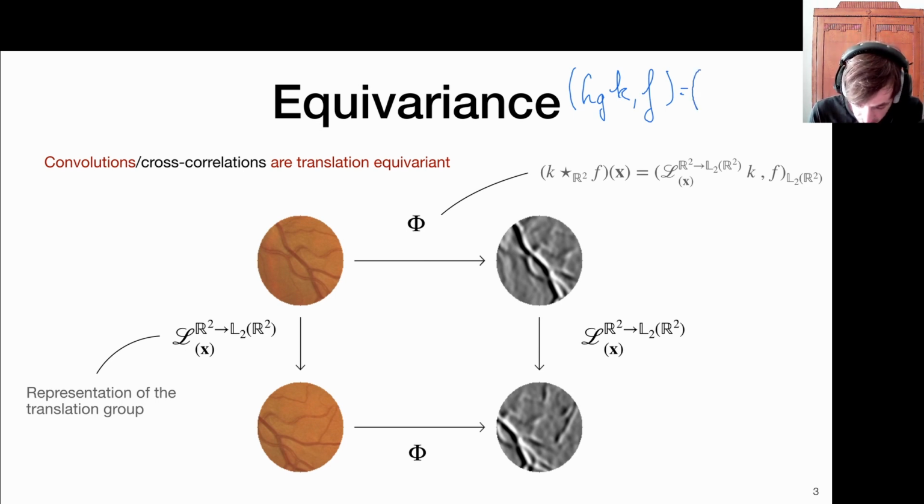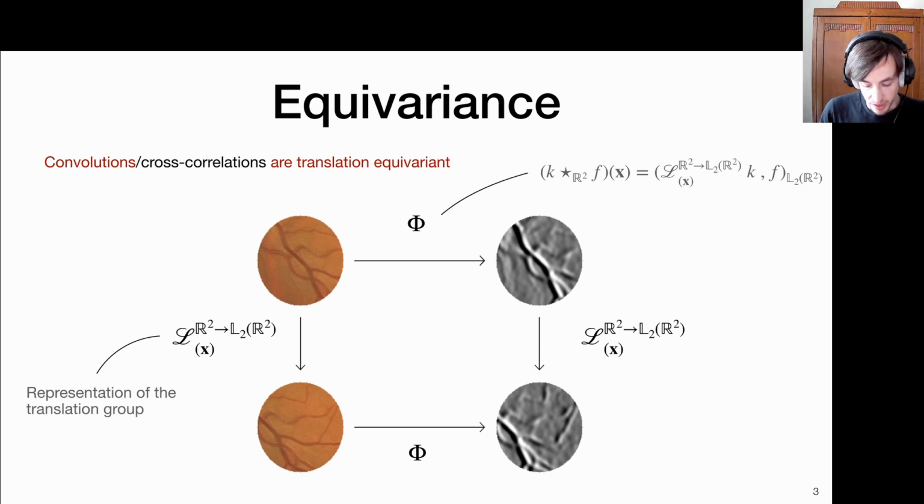And that would cancel out the L_g applied to the kernel, so what's left is the kernel, and on the f side we have L_g inverse f. So please verify this yourself, and then try proving that this equivariance diagram holds.